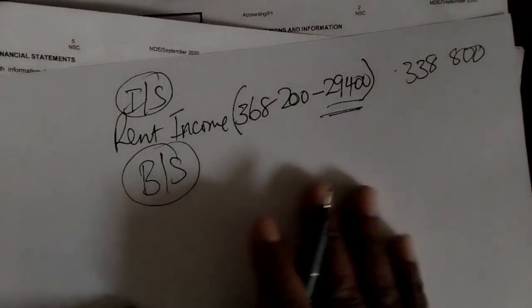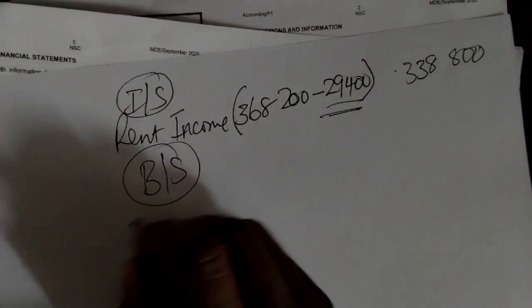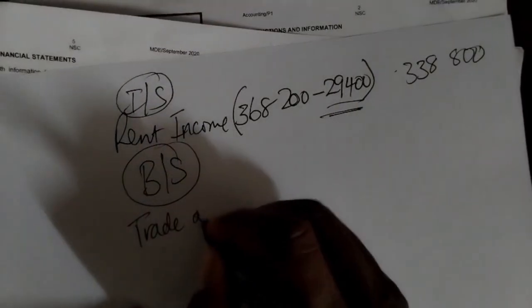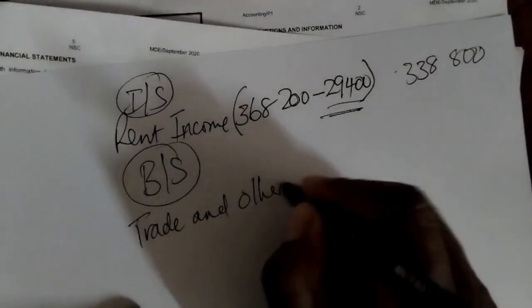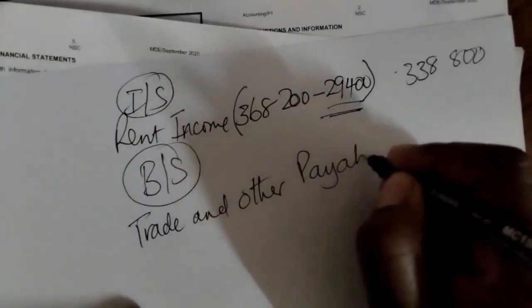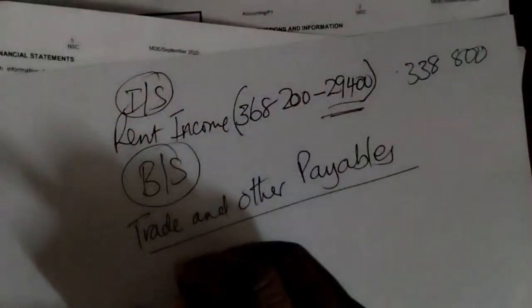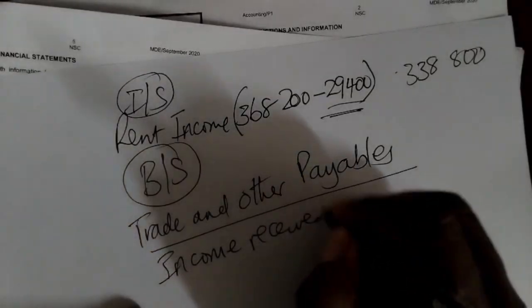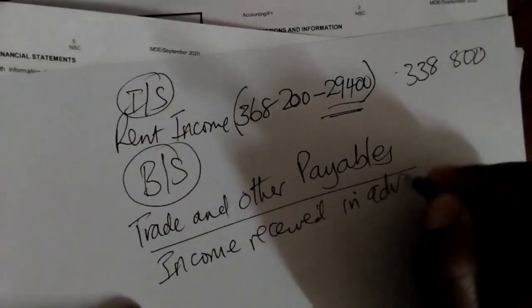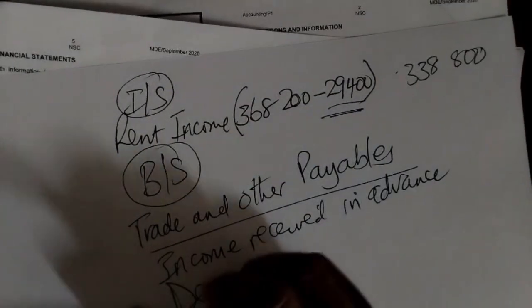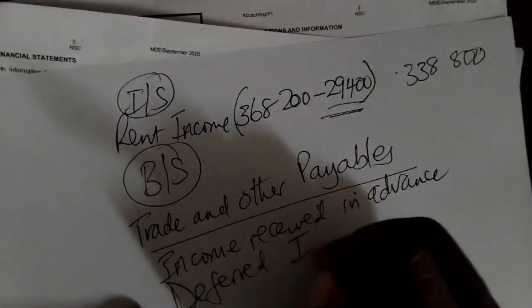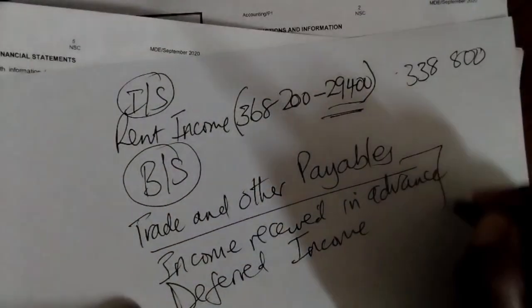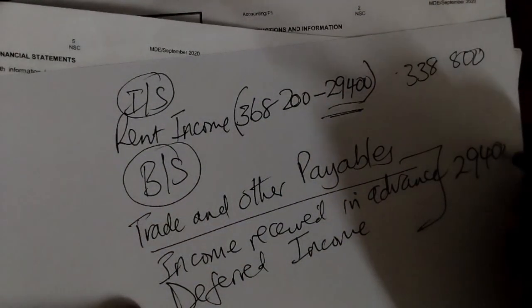So when you're doing your balance sheet, you're going to put it under trade and other payables. Under your trade and other payables, you're going to have income received in advance. If you want, you can write it as deferred income, and your deferred income is going to be 29,400.